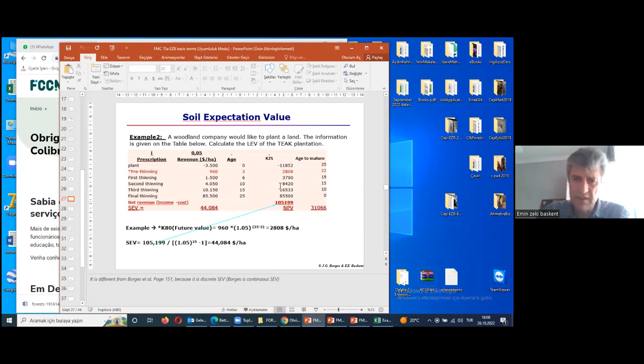That was the difference between land or soil expectation value and net present value. We have given many examples, but here is one more, the last example, where we'll use soil expectation value to make the decision on finding the optimal rotation period.